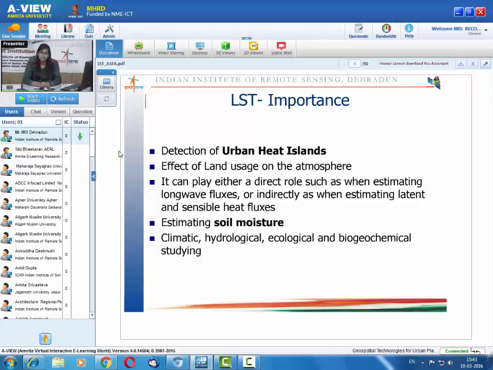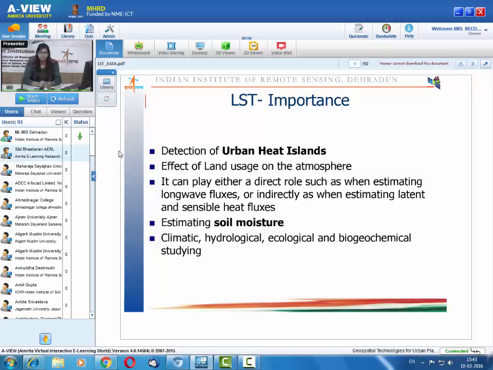Then a very important function of land surface temperature can be in the estimation of soil moisture. Now we all know that in hydrology, soil moisture is very important. We need to understand the soil texture and understand the soil moisture, because of the various patterns of how water evaporates or penetrates through the pores of the soil, dependent upon the size of the soil particle, etc. So it is helpful in estimation and further it is helpful in drought assessment.